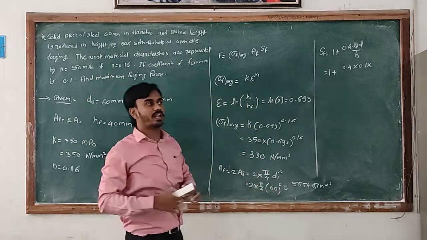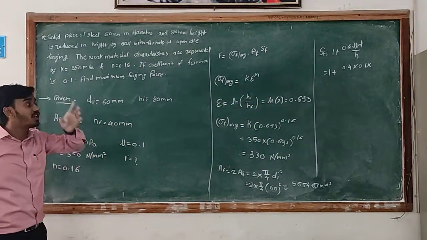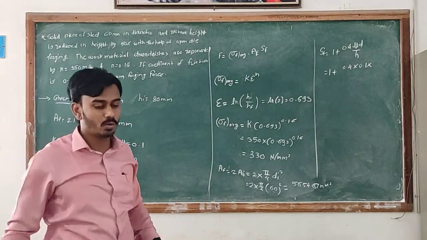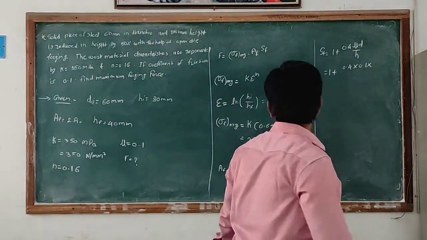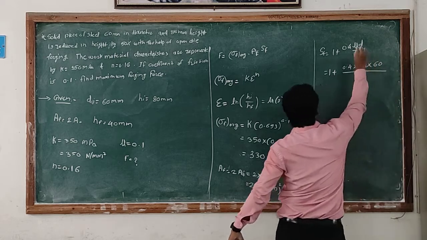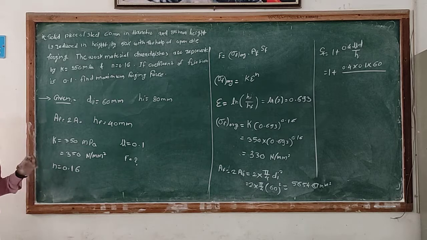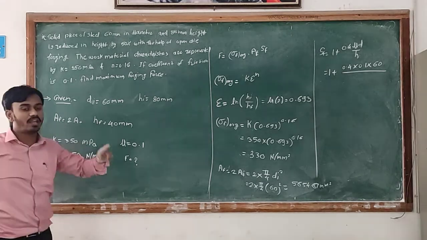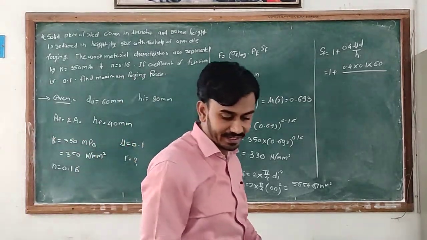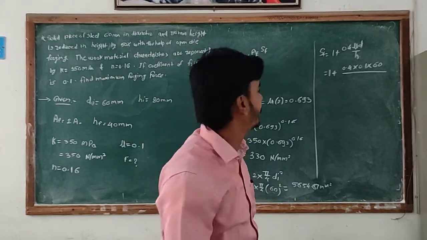Which d have we taken here? We take the initial diameter, which is 60, divided by h. Which height do we take in this case? We take the final height of the material.